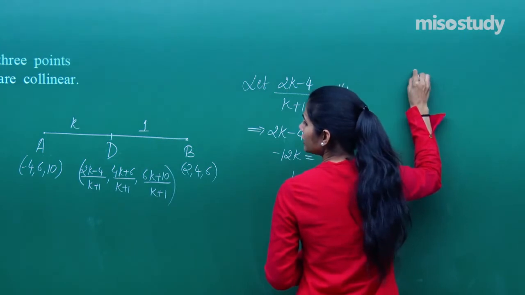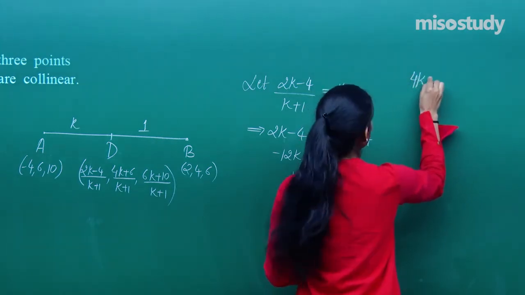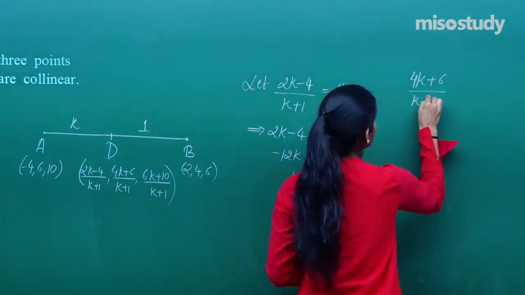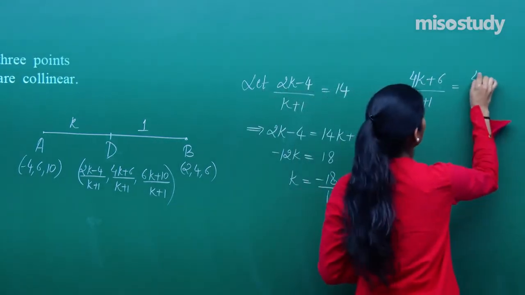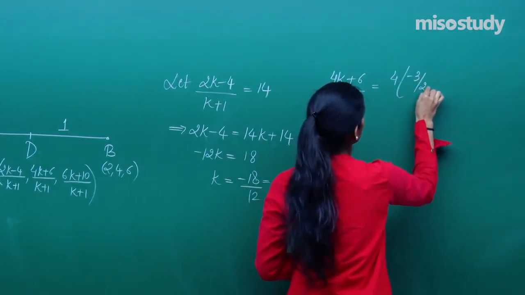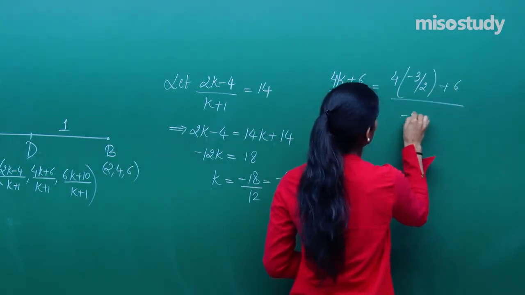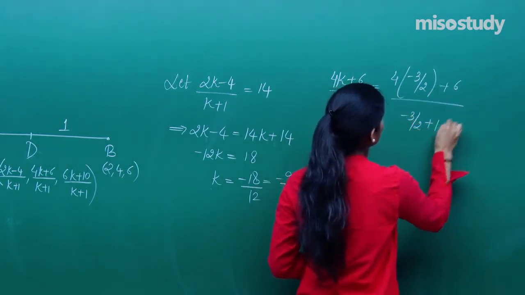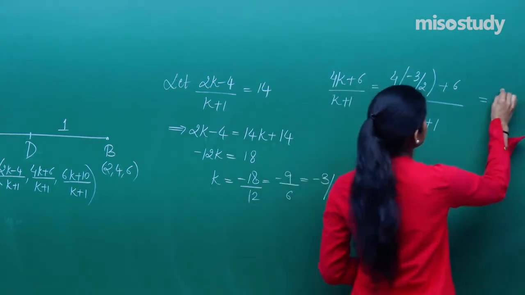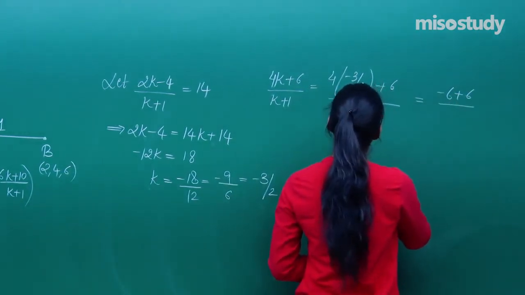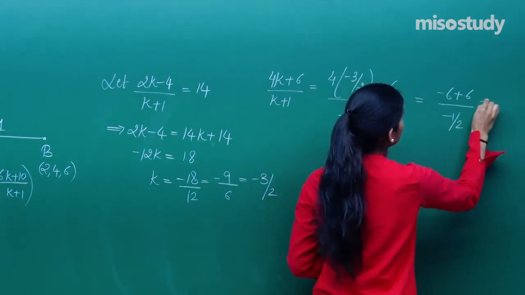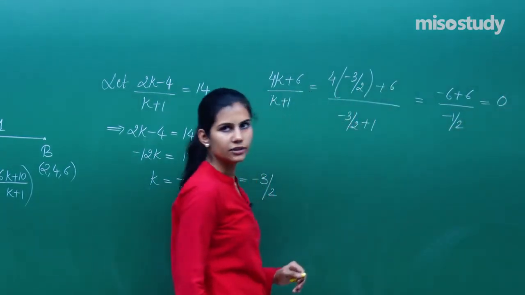I have y coordinate of D as 4k plus 6 upon k plus 1. If I substitute k equals minus 3 by 2 over here, I get 4 into minus 3 by 2 plus 6 upon minus 3 by 2 plus 1. This is minus 6 plus 6 upon minus 3 plus 2 over 2, that is minus 1 by 2. This is 0 by minus 1 by 2, which is 0.